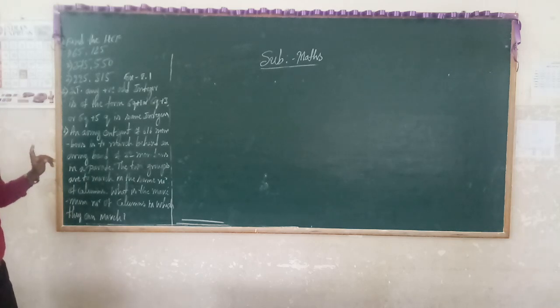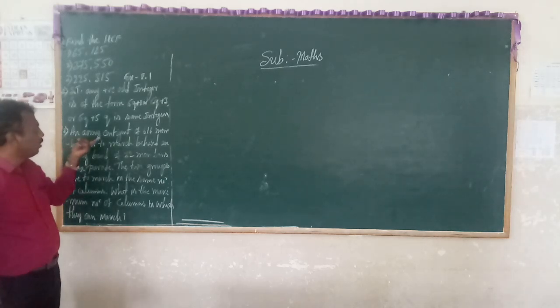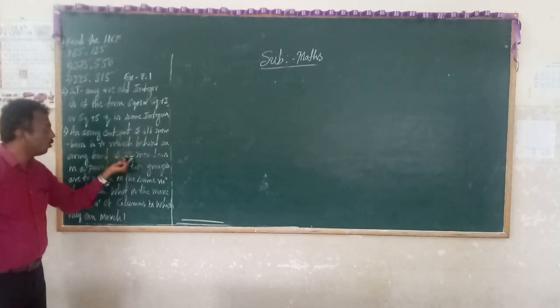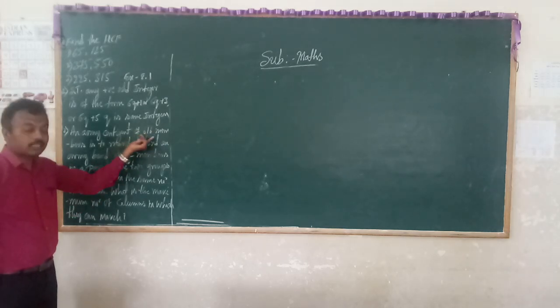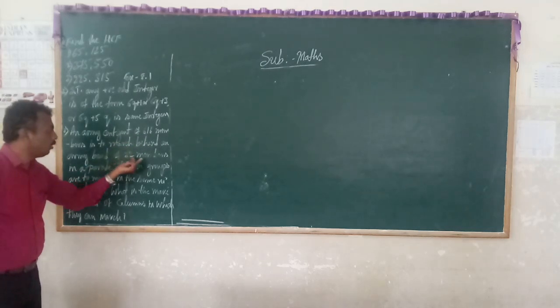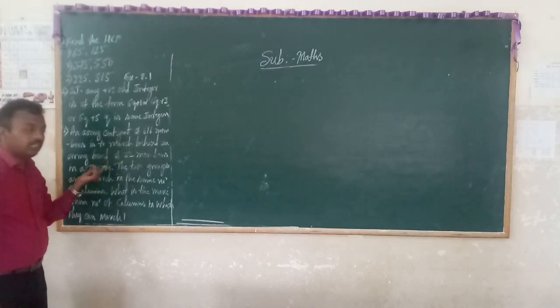Okay students, one army is there. So two groups are there. One group is 660 members and another group is 32 members. These 660 members are the march past group and the 32 members are the band group.